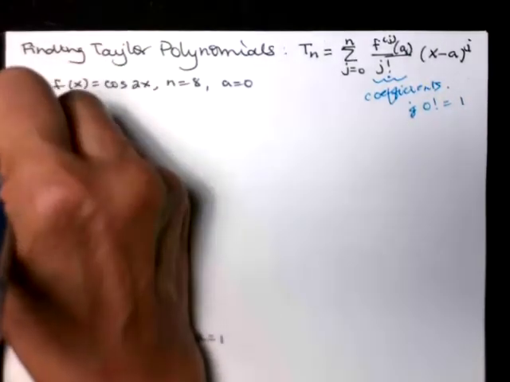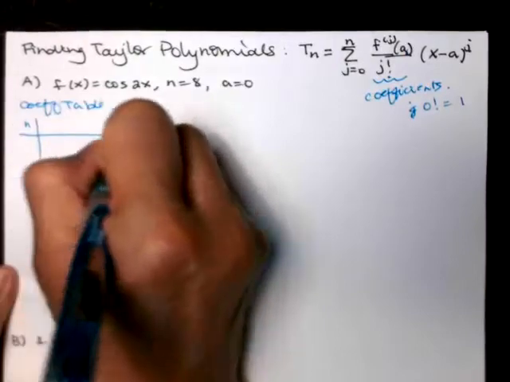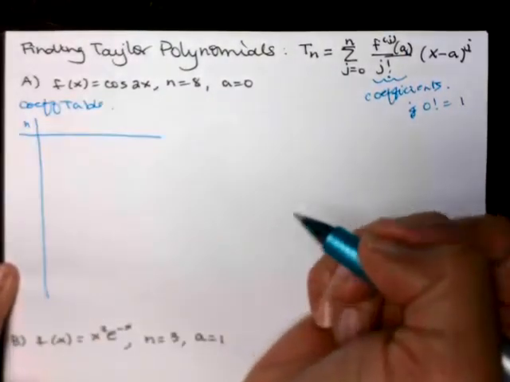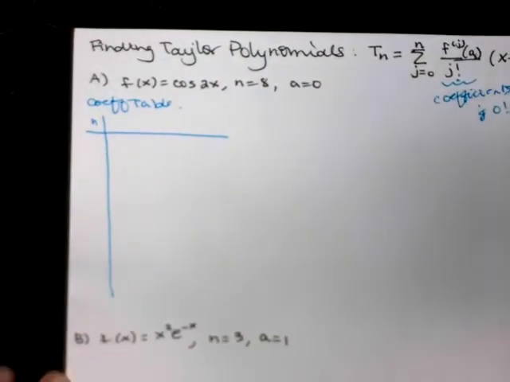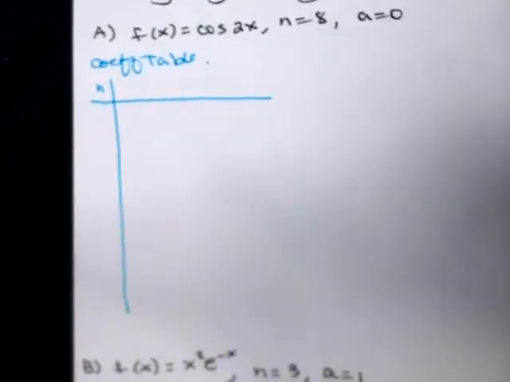Okay. So I'll make a column here for my n's. Let me zoom in a little bit here. My n is going to go up to 8.